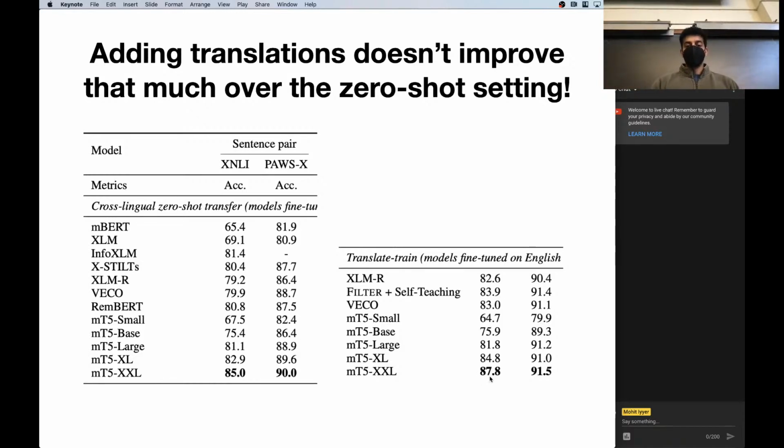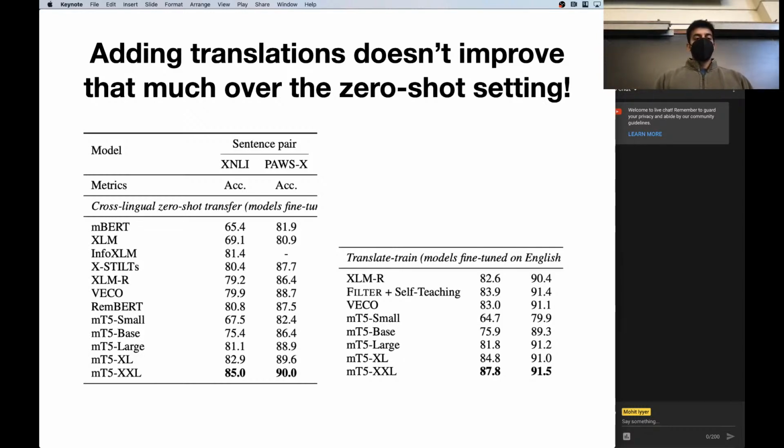And if you look down at the bottom models here, you see that there are gains, but they're relatively small. So it seems like the multilingual pre-training is doing a great job already. You don't benefit too much from this expensive additional step of adding translations. That said, this is probably something you want to do if your goal is to maximize performance.